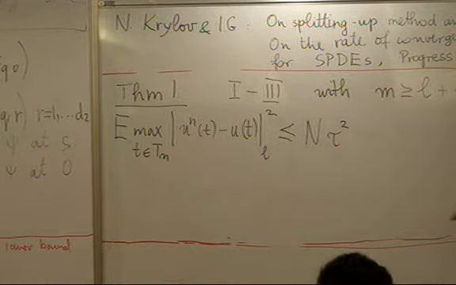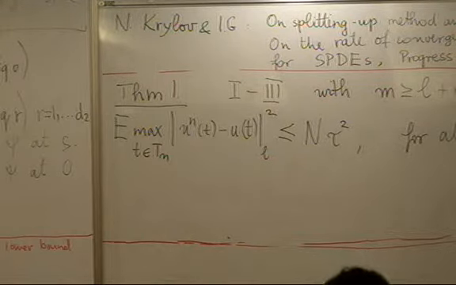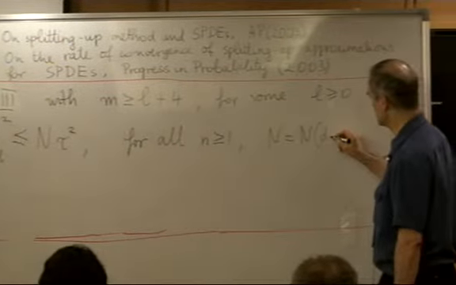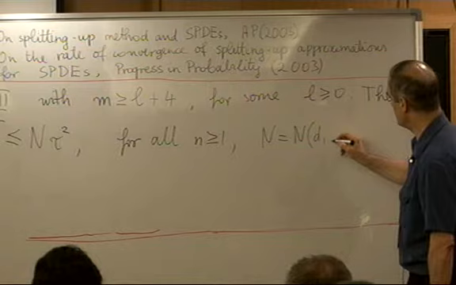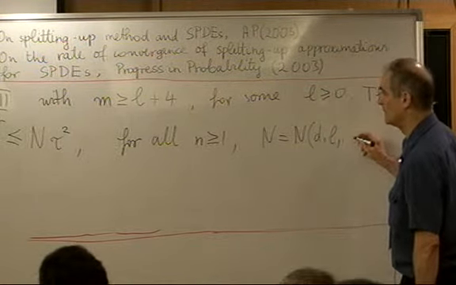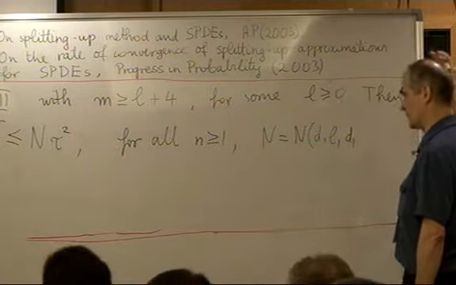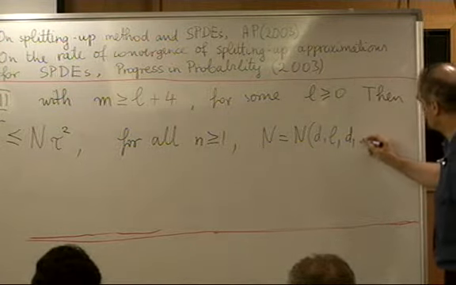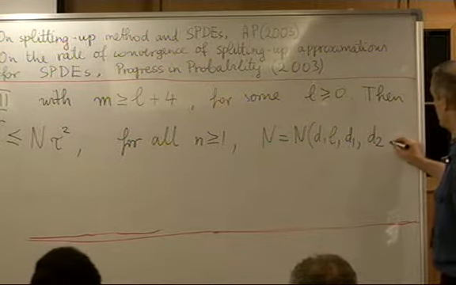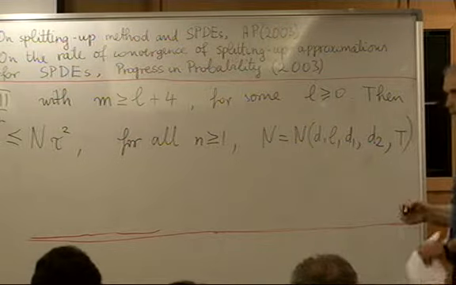Tau squared, for all n, where small n, where capital N is a constant depending only on the dimension. So we are in R^d, also on L, then D1, the dimensionality of the linear process, D2, how many operators we have, and then the fixed time we consider.